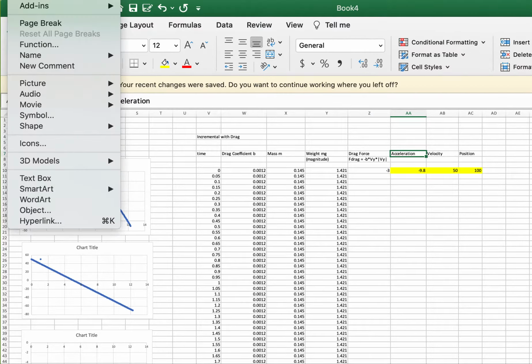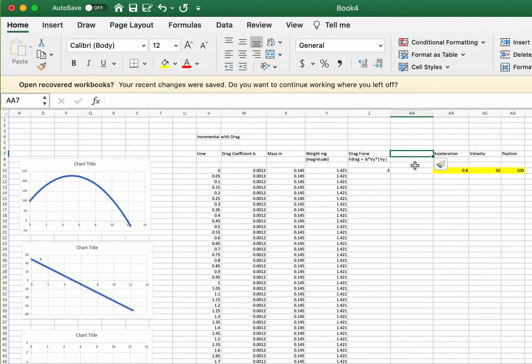Now we should make a new column for the net force, because the net force is the thing that really determines the acceleration of this projectile. It's not just the weight that does it, it's not just the drag force.